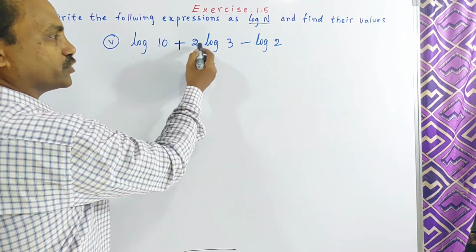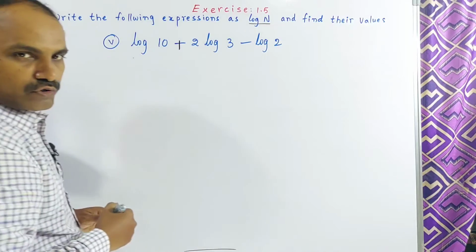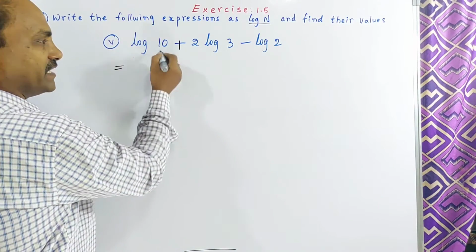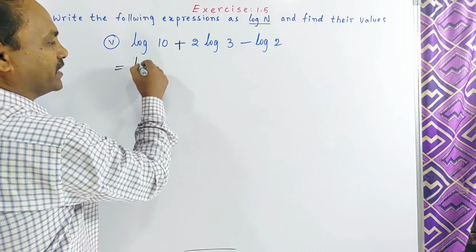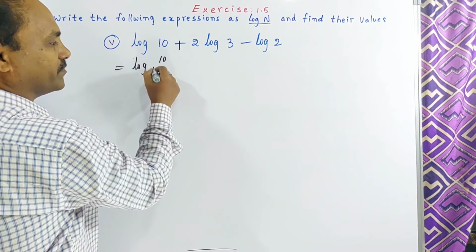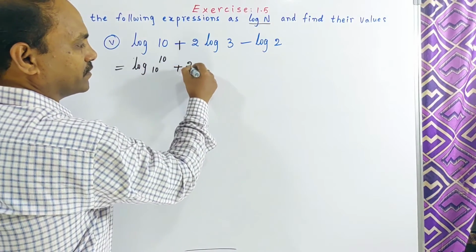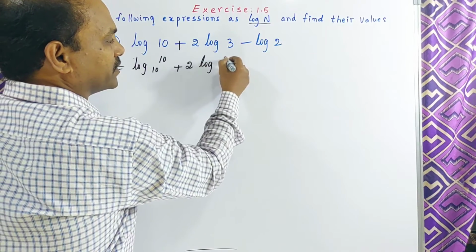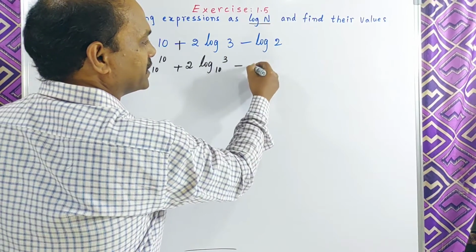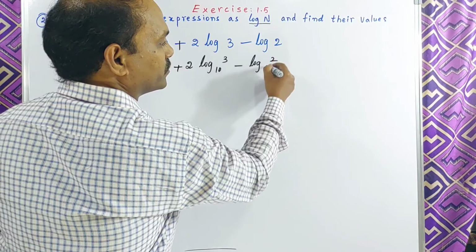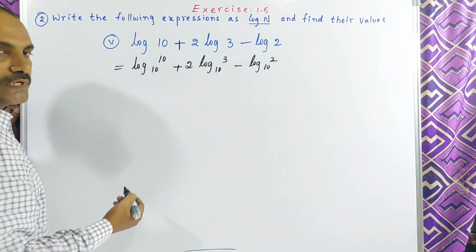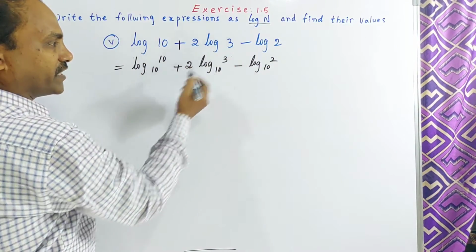In the second Roman, last question, what is given? Log 10 plus 2 log 3 minus log 2. Base is again not given, so take base 10. Log 10 to the base 10 plus 2 log 3 to the base 10 minus log 2 to the base 10. Now this exponent you should write here.